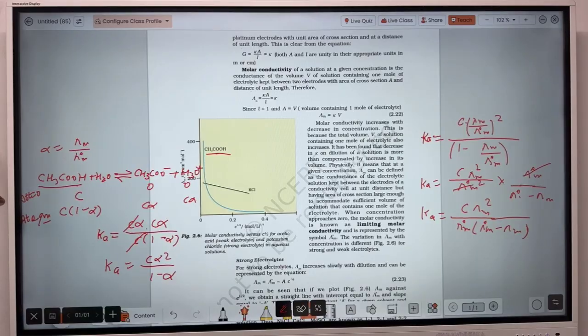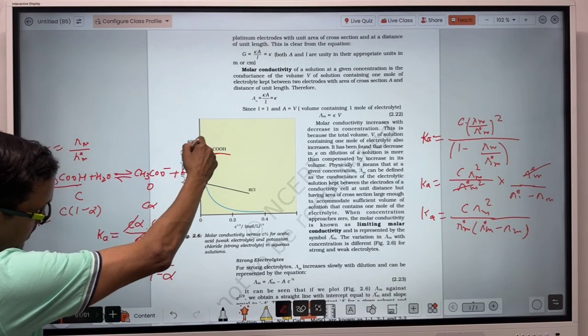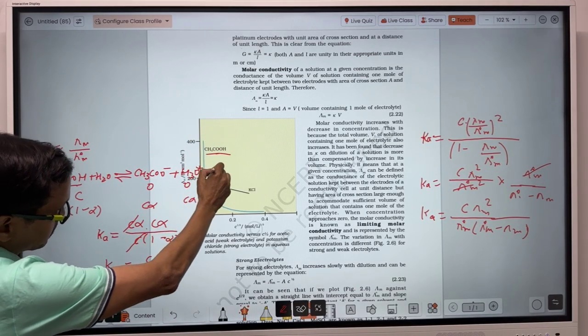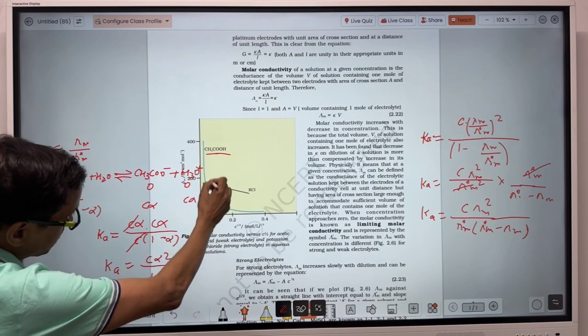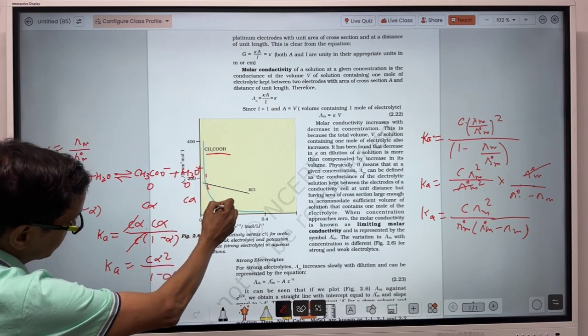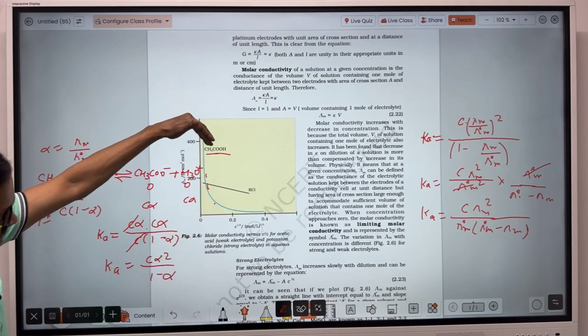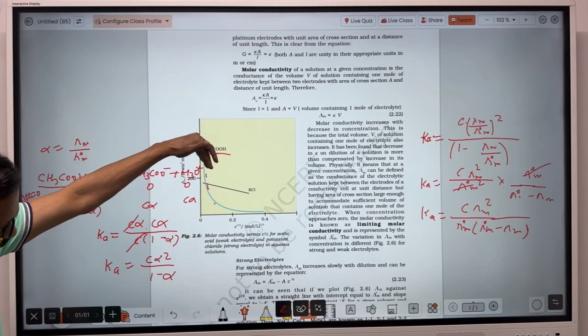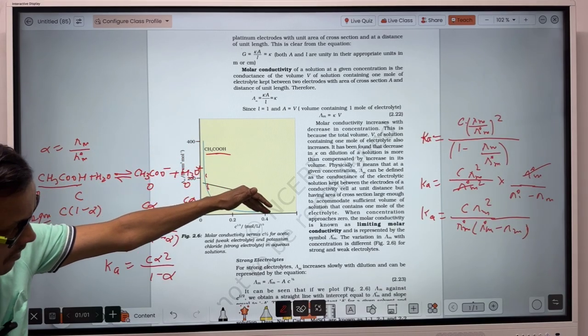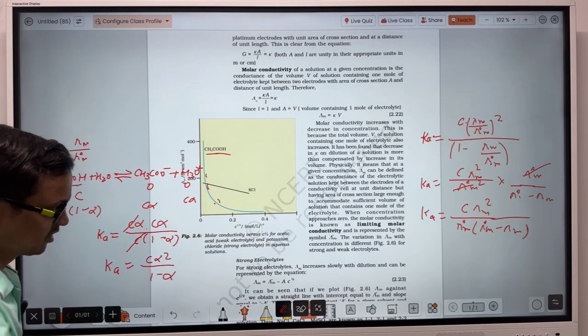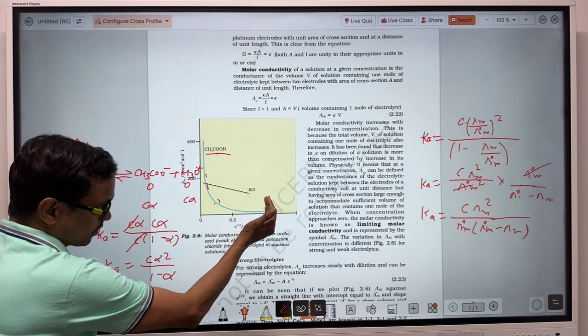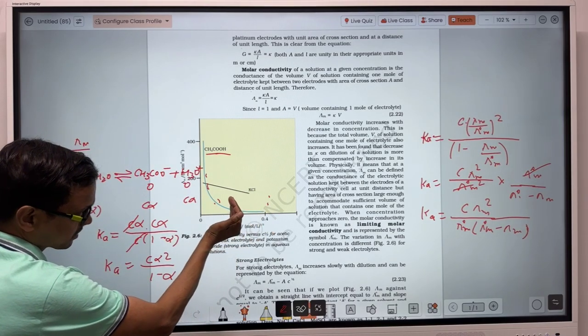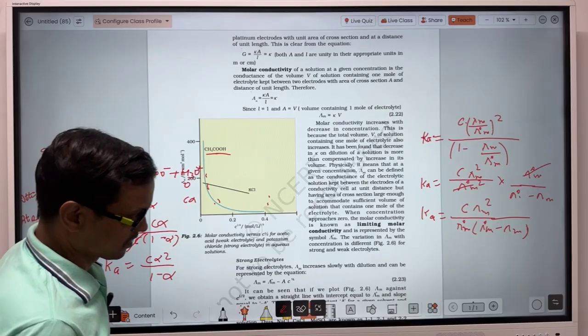And what is happening here? For the weak electrolyte, as you dilute the solution, the conductivity is decreasing, and then after it approaches this side. So as you move from right to left, on decreasing the concentration, the conductivity will increase.